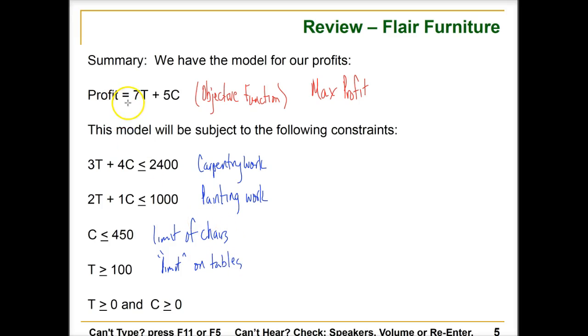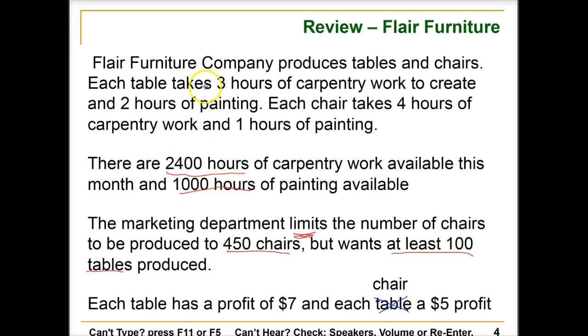Now, what I want to focus on is mainly these four. And so if we look back, we see that they gave us information about tables. So I'm going to underline everything that has something to do with tables in blue, and then everything that has something to do with chairs, I'm going to put in red.